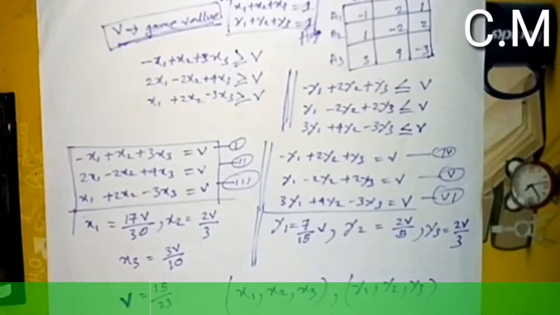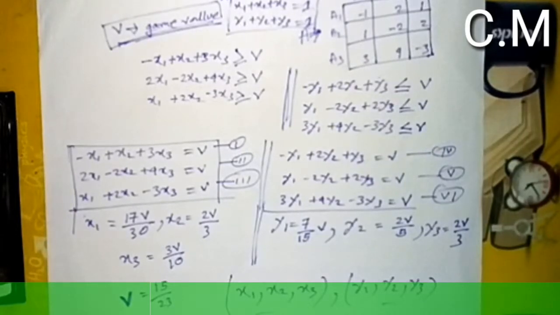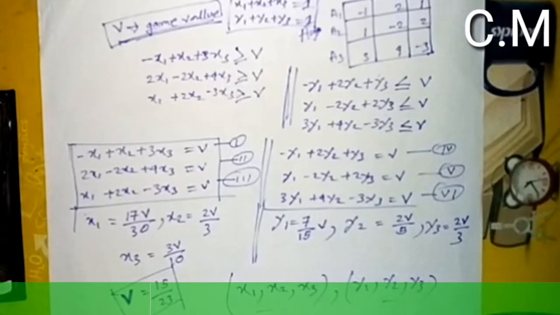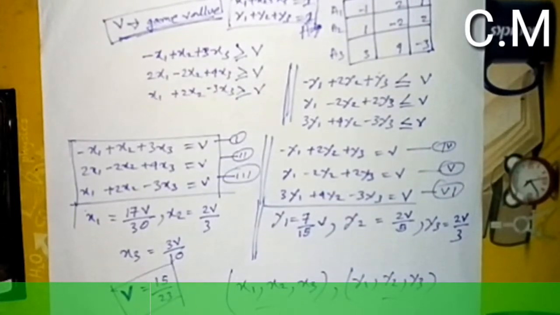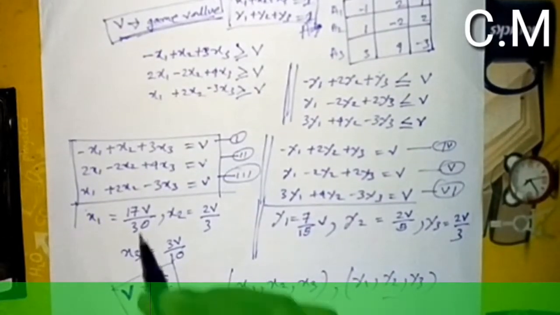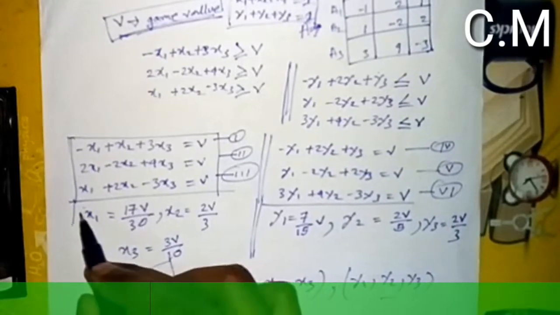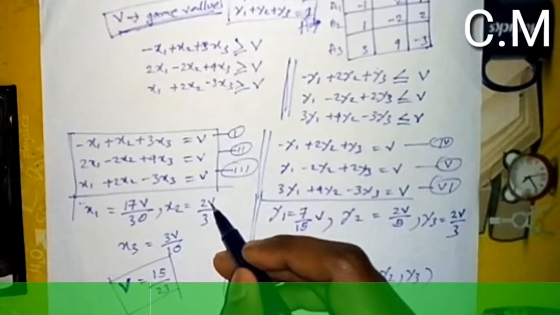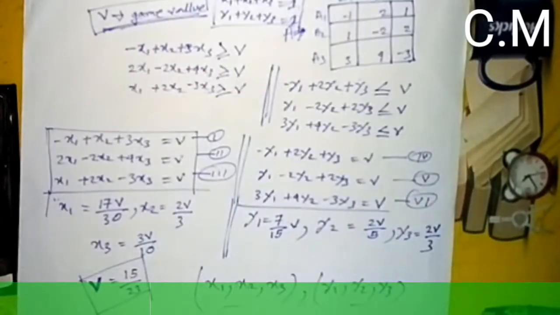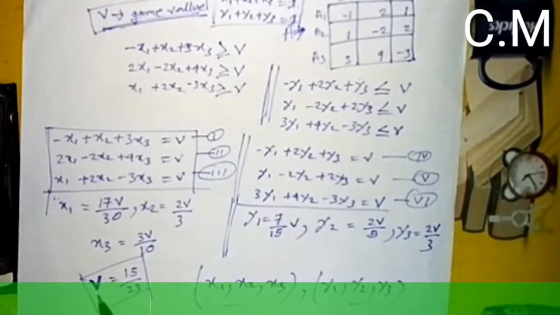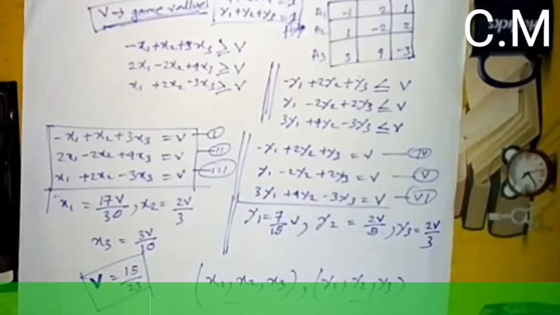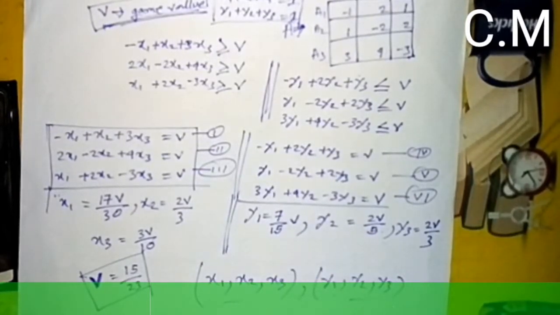These are the two points where I will get the game value. So I put the value of v here to get the proper value of x1, here for x2, and similarly here and here to find y1, y2, y3 in proper value.